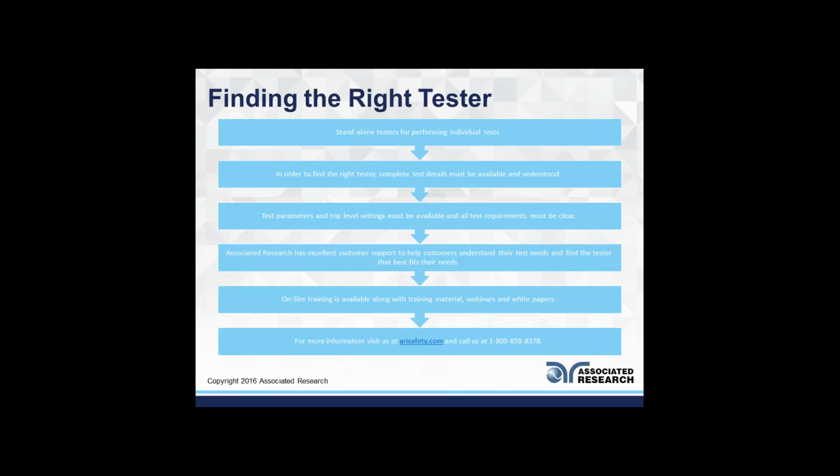We have instances where the standards require you to do an ACW test, or AC high-pot test, but there's also a section that says you could do a DCW test, which is a DC high-pot test, and depending on the DUT, the DC test might be better. We'll look into the standards for you to see if it's acceptable to perform this test. We'll also ensure that you're performing your test correctly, and this goes along with making sure you find the right tester and get the correct parameters for your testing setup.